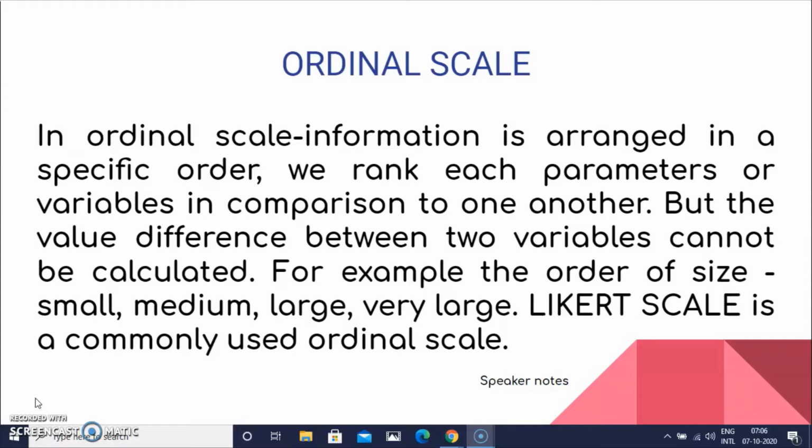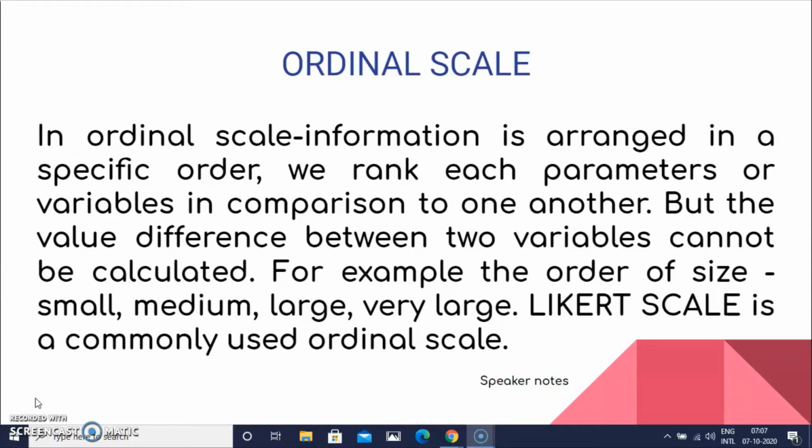So this is an example of a Likert scale, a 5-point Likert scale, because we have used 5 points, that is never, rarely, sometimes, most times, and always. Here the 5-point Likert scale is used as an ordinal scale because we can't find the difference between never and rarely, and we don't know how much difference there is between rarely and sometimes.